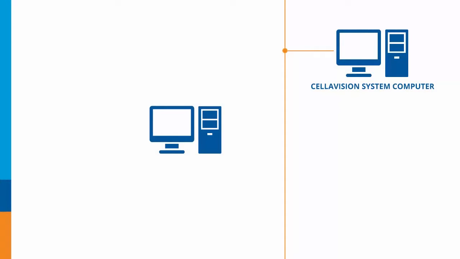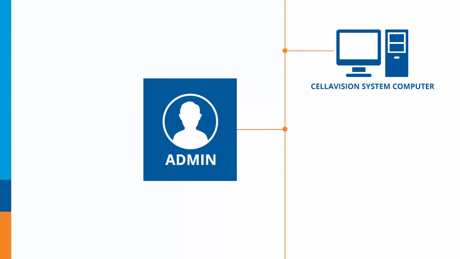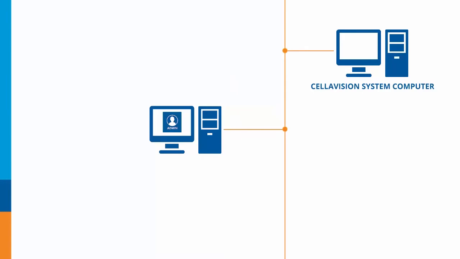The PC on which you are loading the software must also be on the network in order for them to be able to communicate. Information about this can also be found in the IT Configuration Guidelines document if you need it. To begin, you will need administrative rights to the PC on which you would like to load the software.